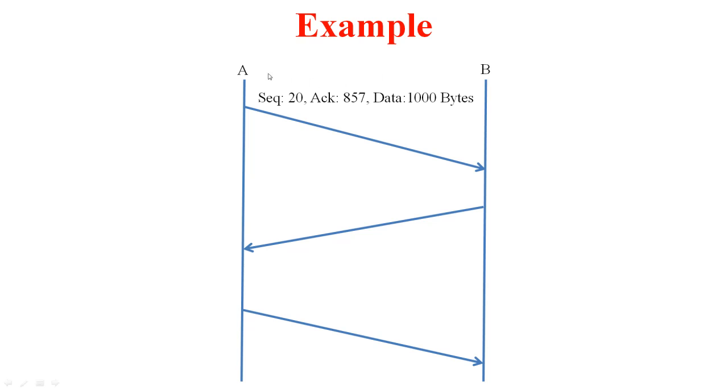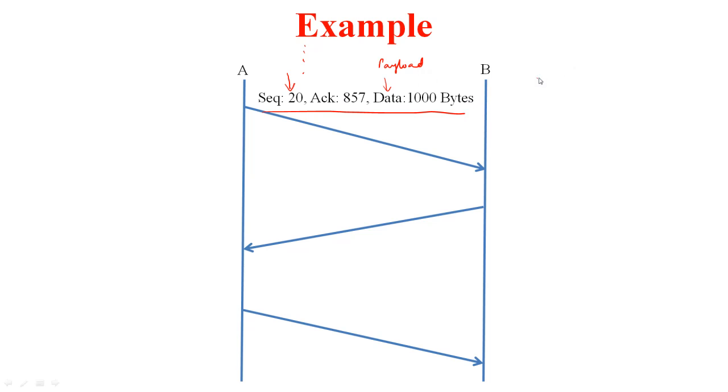So let's look at this example. In this example, both A and B want to exchange data with each other, and in the past, maybe a few other segments were exchanged. Currently, we are focusing on this particular segment. This segment has a sequence number 20 and the data, that is the payload of this segment, is 1000 bytes.